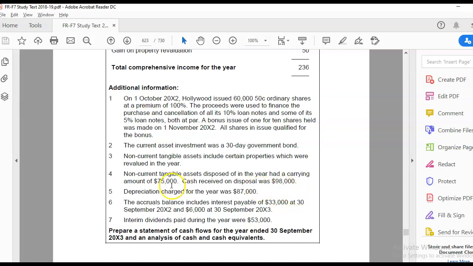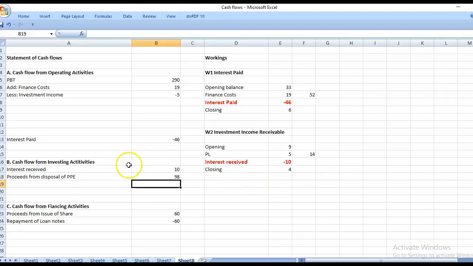Also, when you compare the selling price and the carrying value, you get a profit, right? So where will you adjust this profit? In the operating section. Because this profit before tax has been arrived at while taking into consideration any profit or loss on sale of property, plant and equipment. I want to remove the impact of any profit or loss on sale of property, plant and equipment because they form part of investing.